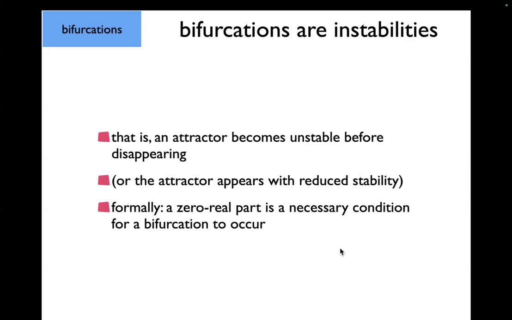And here in this case, the attractor becomes unstable just at the moment when it disappears. And more generally, we'll look at a couple other examples where it doesn't always have to disappear, but where the attractor changes property. For instance, its real part becomes zero. That's where the bifurcation occurs.